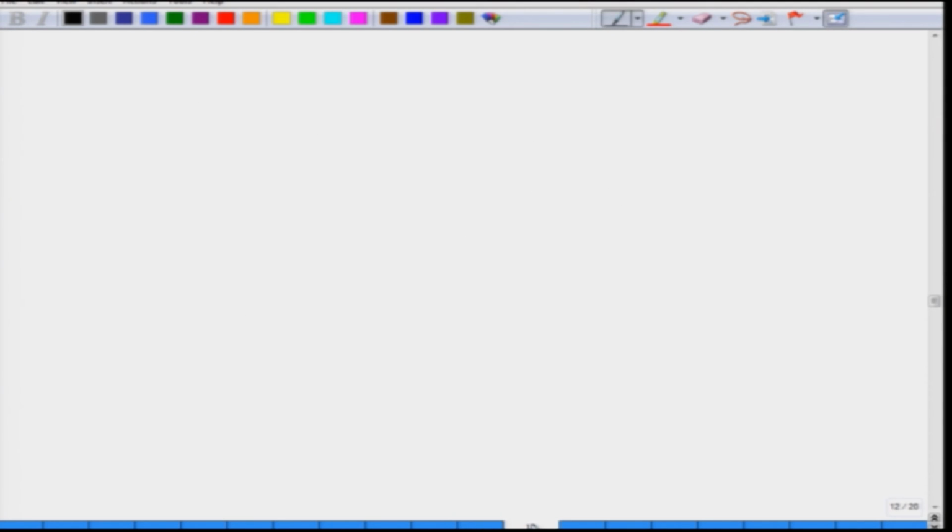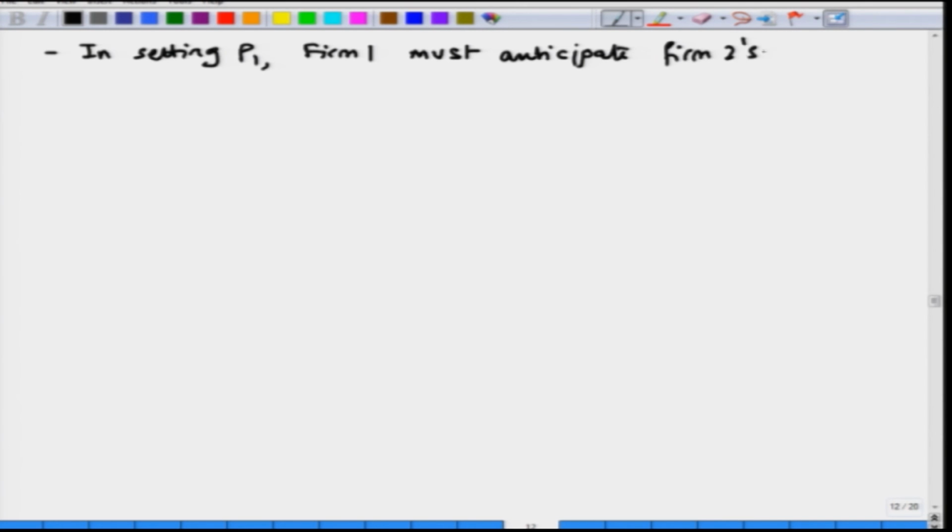So, in setting its price, in setting P1, firm 1 must anticipate firm 2's best response to its choice of price P1, right.